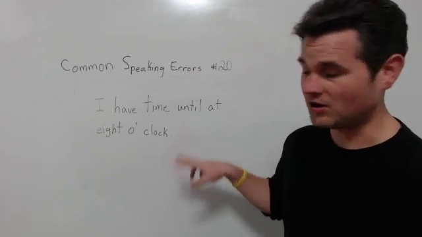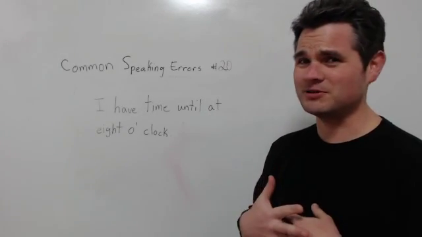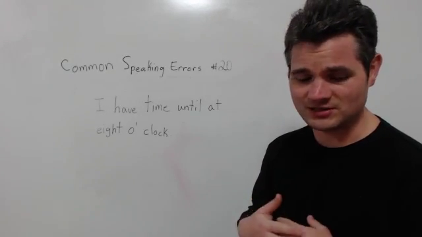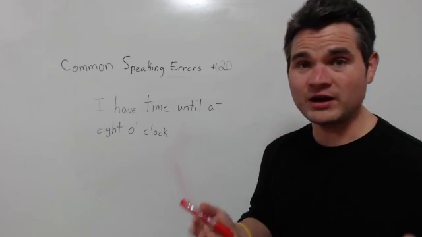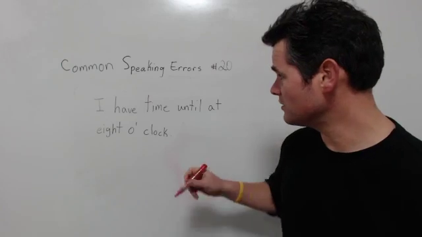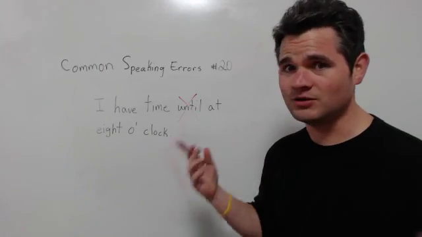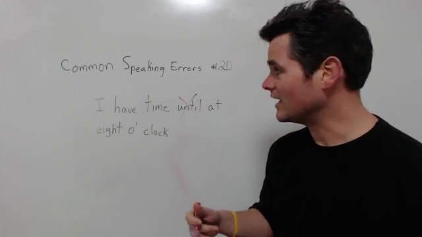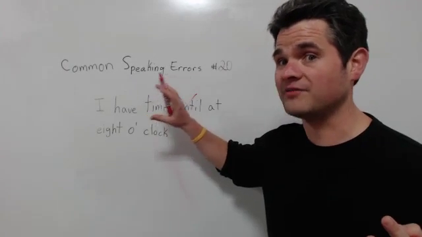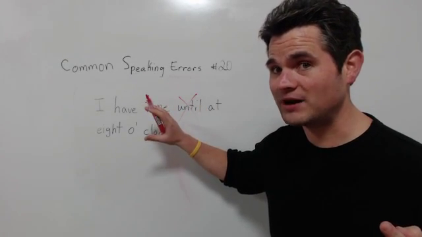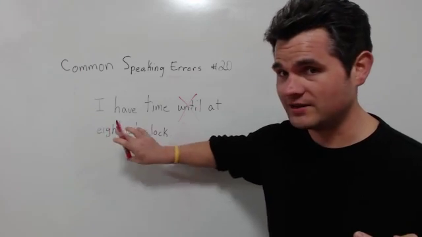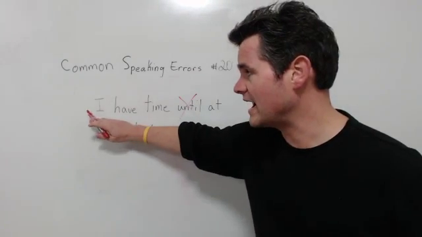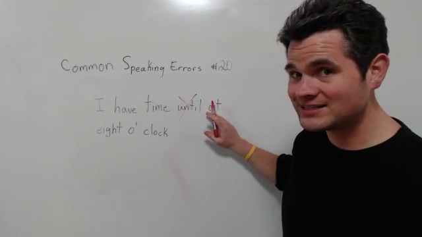Now, what we've got here are two prepositions that are put together, and we don't need to put these two together. So very quickly, just to fix this sentence, get rid of until. You don't need until. If you've got free time, you've got nothing going on at a specific time, you can just say, I have time at.